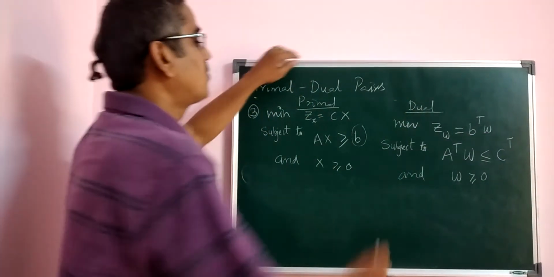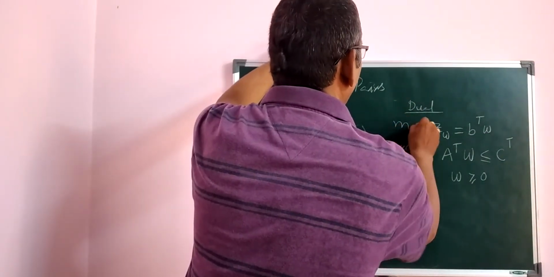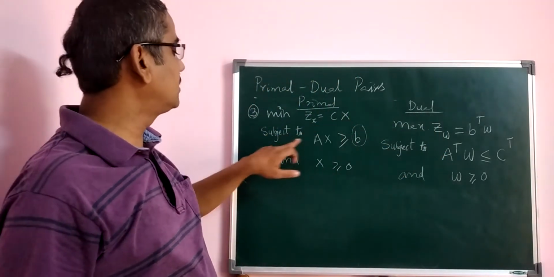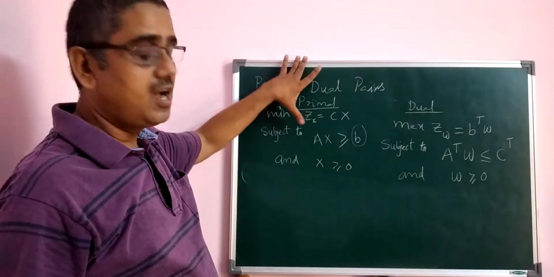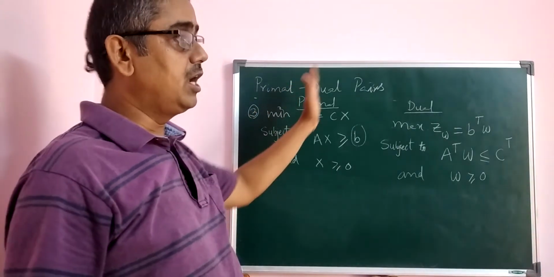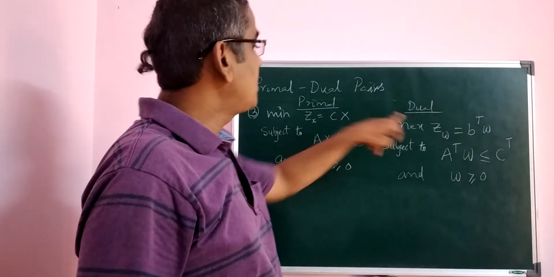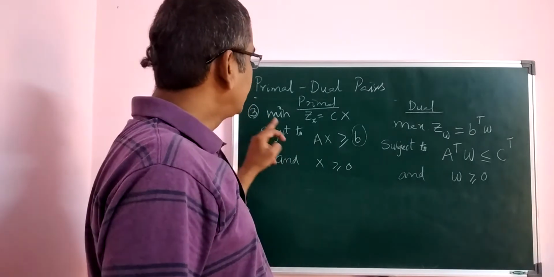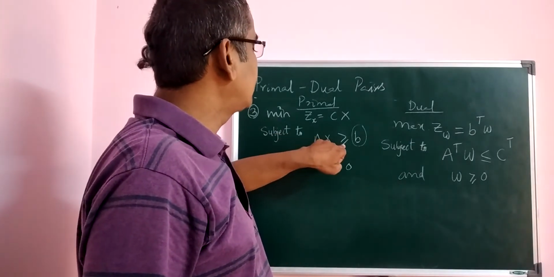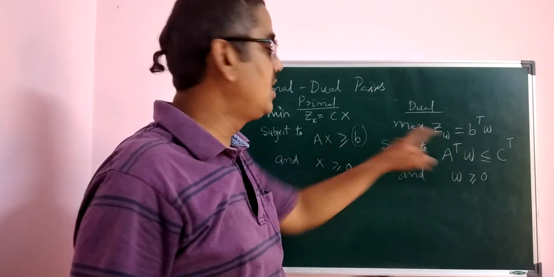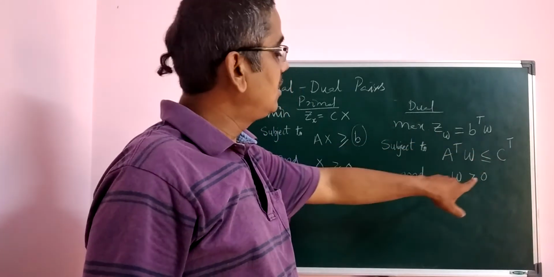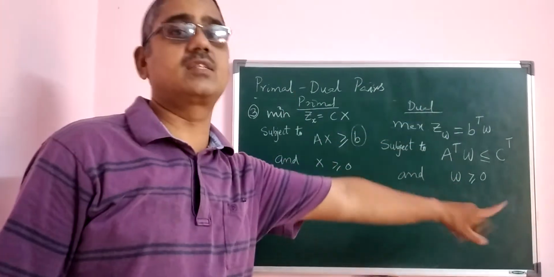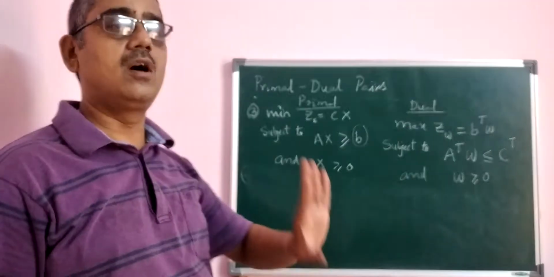Minimize z = cx, subject to Ax greater than or equal to b and x greater than or equal to 0. Its dual becomes maximization, z omega = b transpose omega, subject to A transpose omega less than or equal to c transpose, and omega greater than or equal to 0. In this format, omega is greater than or equal to 0, not unrestricted.